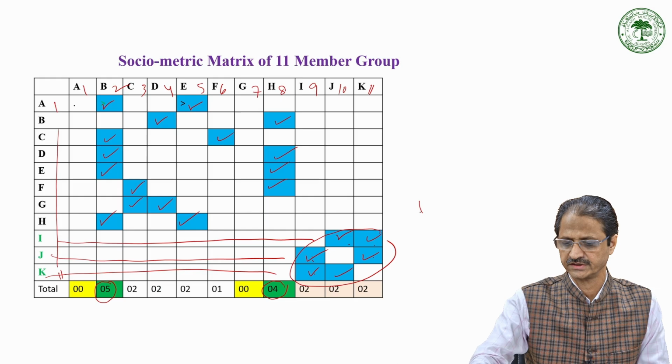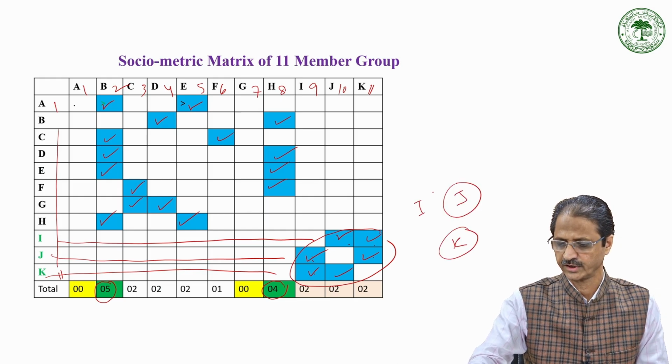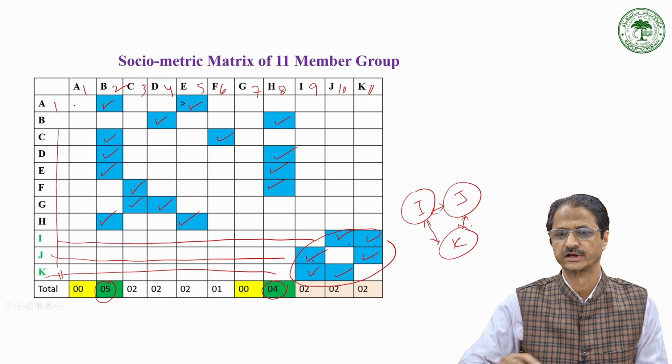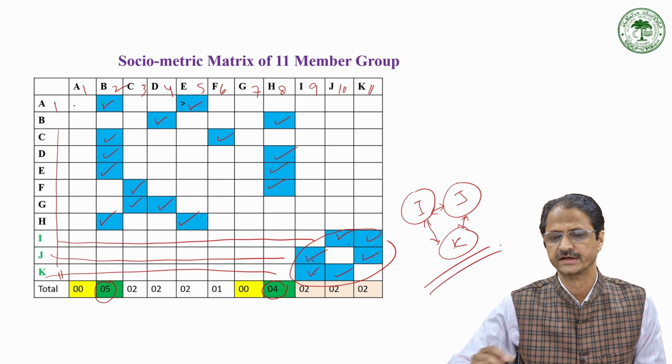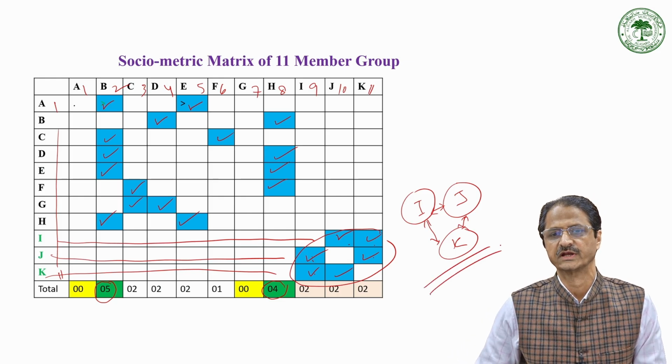These are the 3, I, J and K. They are nominating each other like this. This basically gives an idea to the evaluator, okay, what type of relationship they enjoy.